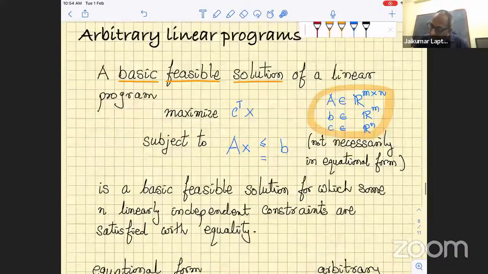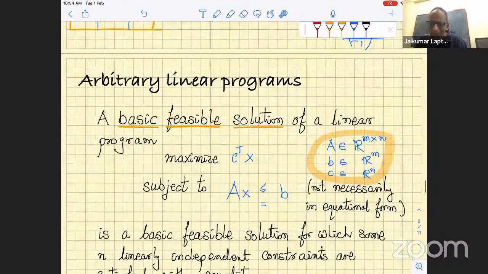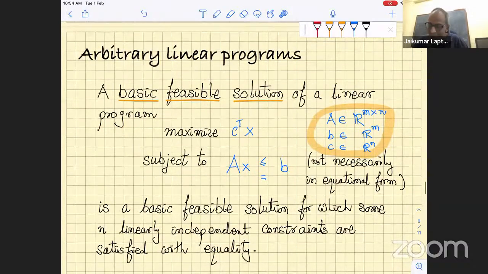Now, one has to be a little careful. This is the main part for our discussion, because next, on Thursday, we'll be talking about the simplex method, and we'll be working with the equational form. But basic feasible solutions are also considered for arbitrary linear programs.